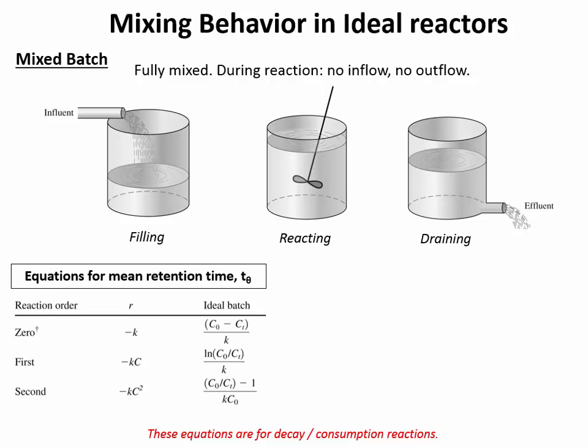If we wanted to know how long it takes, for example in zero-order kinetics, for the concentration to go from the original concentration to the final concentration, these formulas say the time required is C naught minus C divided by K. C naught is the original concentration, C is the concentration at the time theta in question, and K is the rate constant that we would get from the slope of the line if we had graphed it. Sometimes you have to find the K.